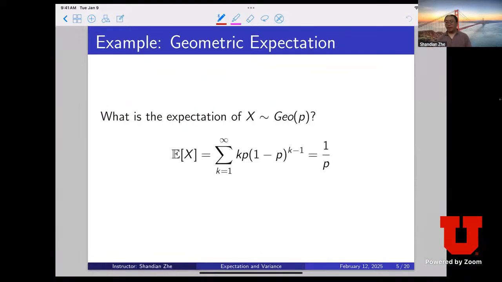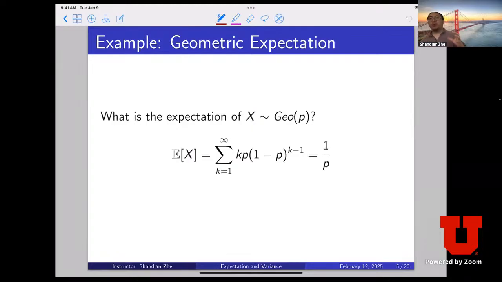So now let us consider a more complex case. We consider a geometric distribution random variable. What is a geometric random variable? What is the geometric distribution about? Exactly.